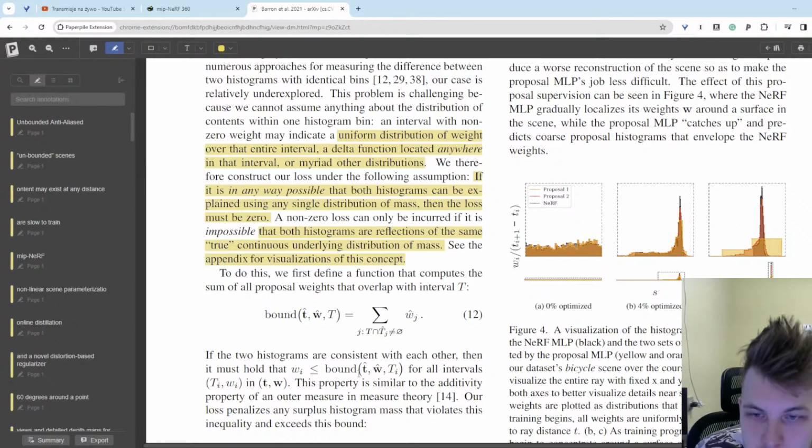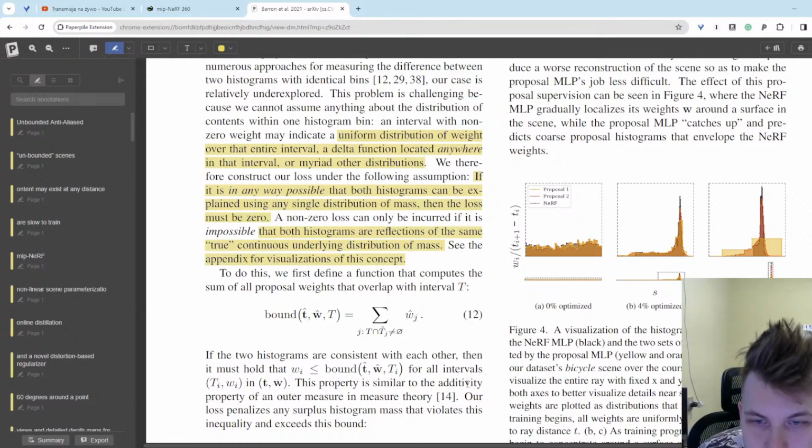So we put in this interval here, we calculate the weight here, and we sum it for all the intervals that are in this tw.